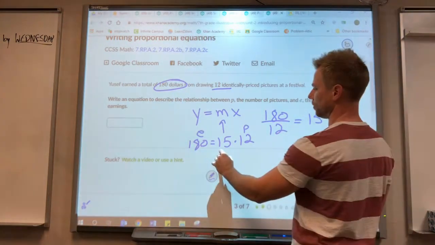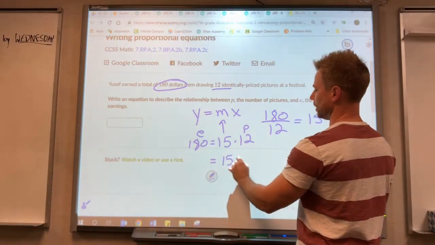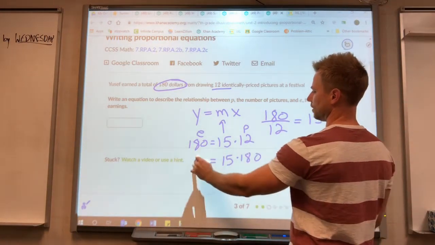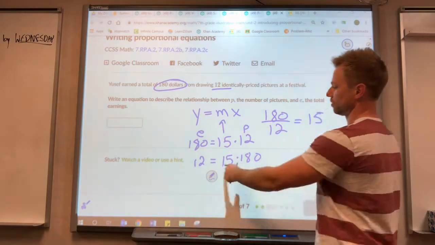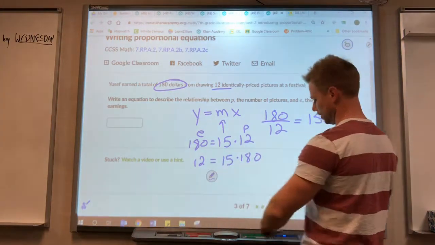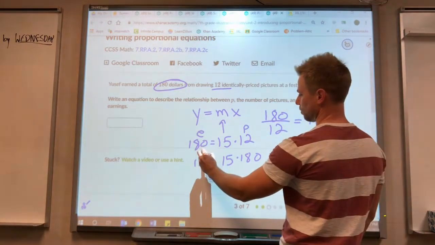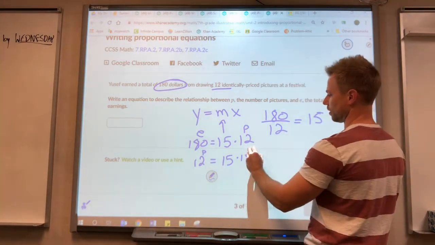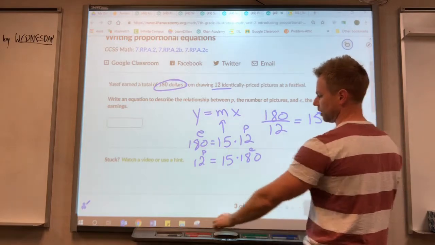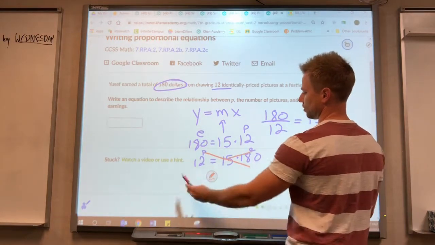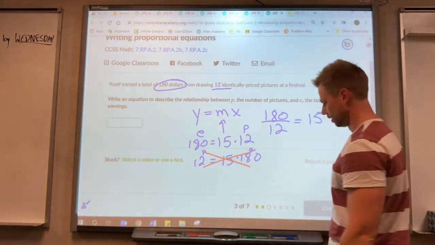Now if we did it the other way around, 15 times 180, and see if that equals 12. Is 15 times 180 12? No, that's not right. So that was putting P over there and E next to 15, but that did not give us the correct answer, what we needed.